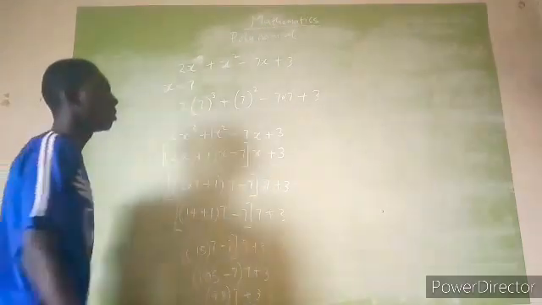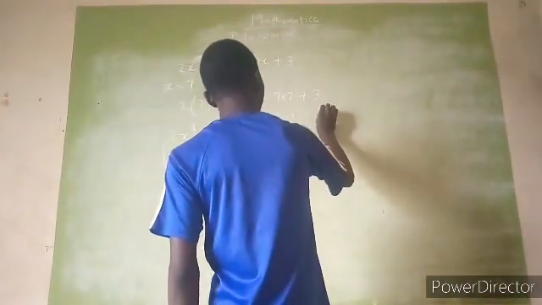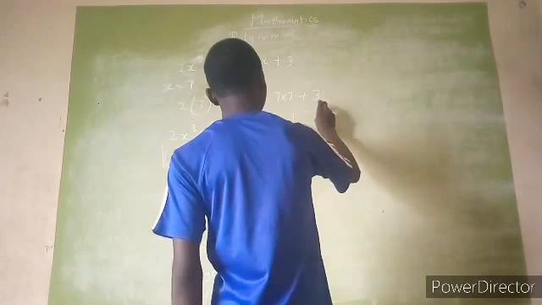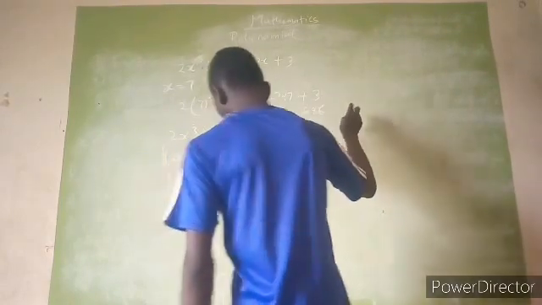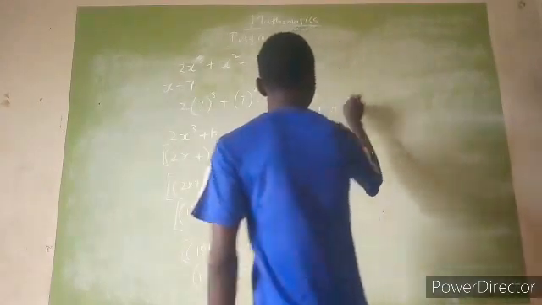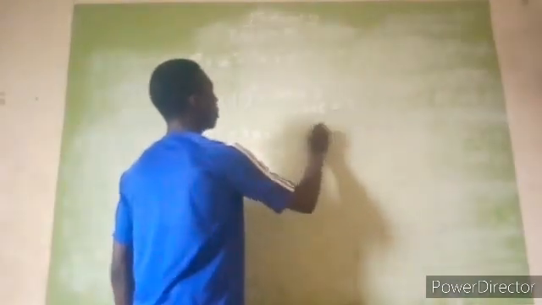98 times 7 is equal to what? 686 plus 3, right? Now 686 plus 3 is equal to 689.